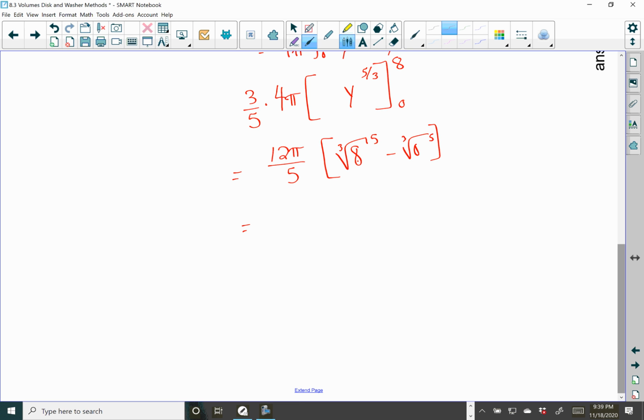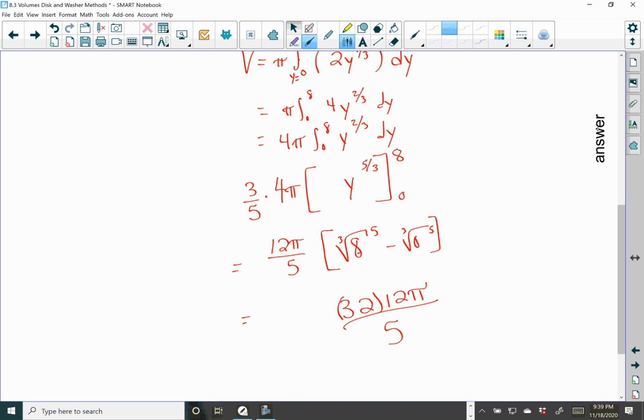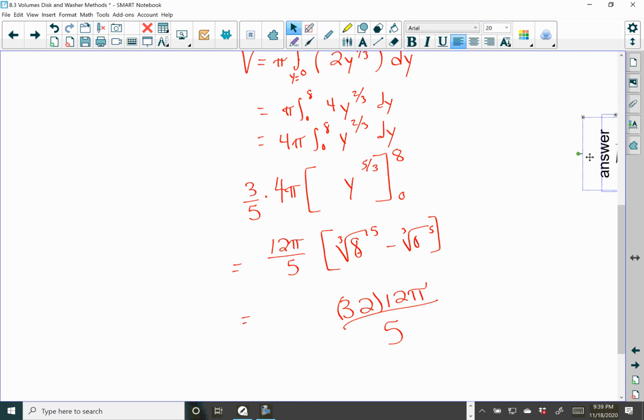Cube root of 8 is a 2. 2 to the 5th is 32. 32 times 12 pi over 5. A lovely number. I see there's an answer. Do we dare? I'm scared. I can buy it. Yeah, that looks good. 384 pi over 5. 12 pi times 2 to the 5th. We got it. We should have been super positive about that.